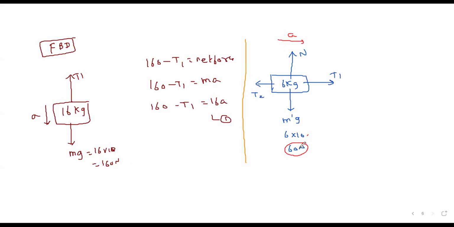So the 60 Newton and the normal reaction cancel. T1 acting this direction, T2 acting this direction. Since the object is moving towards the right side, the right force is greater. So T1 minus T2 is equal to net force. So T1 minus T2 is equal to ma. So T1 minus T2 is equal to what? 6a. Equation number 2.